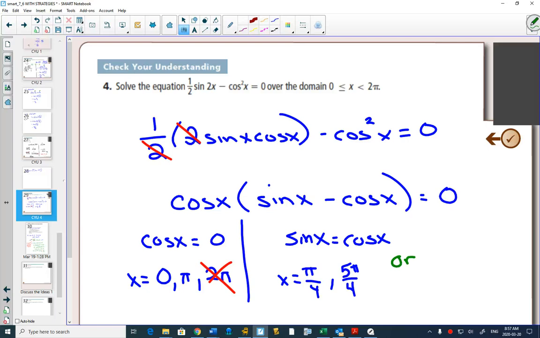Or, can you see that if you divided here, I know dividing, I've already told you about being careful with dividing, but if you divided both sides of this equation by cos, you would get sine over cos equals 1. And sine over cos is the same as tan. Where is tan equal to 1? At pi over 4 and 5 pi over 4.